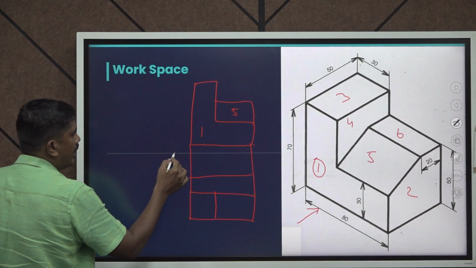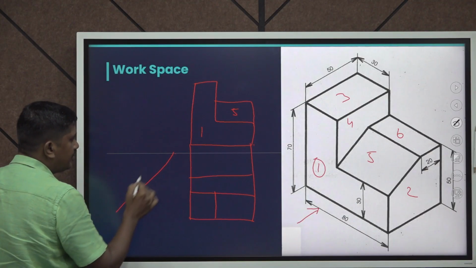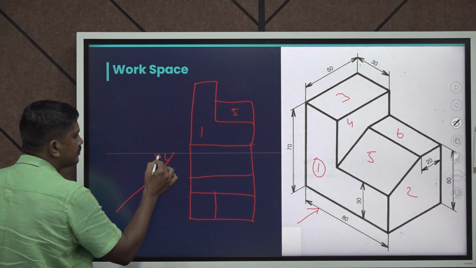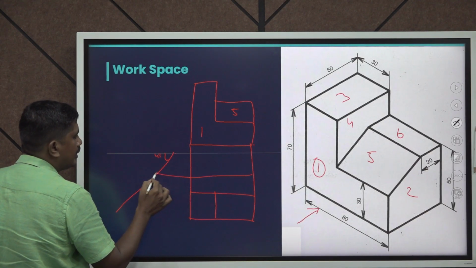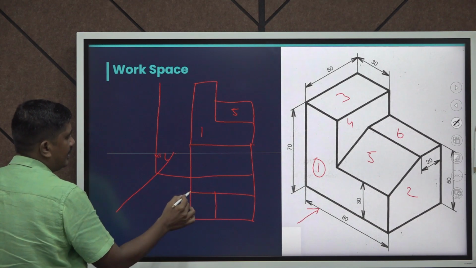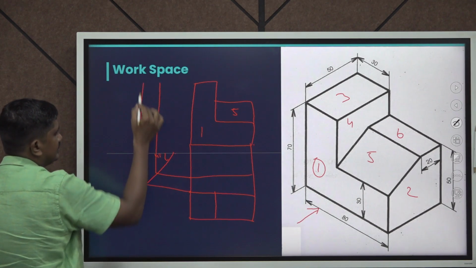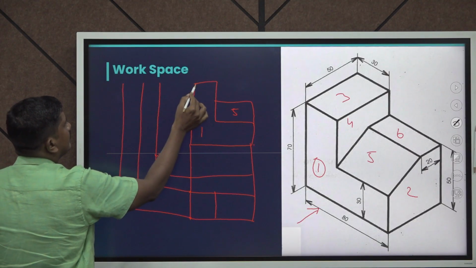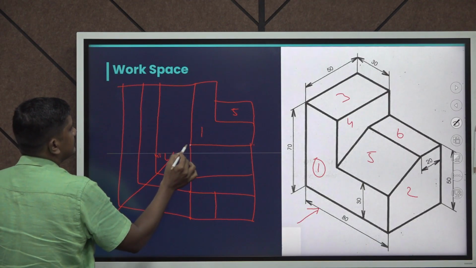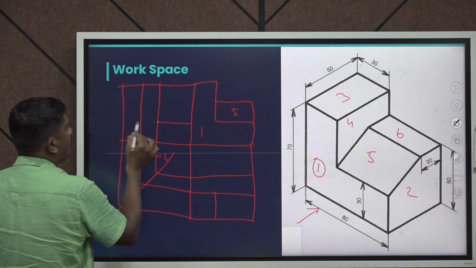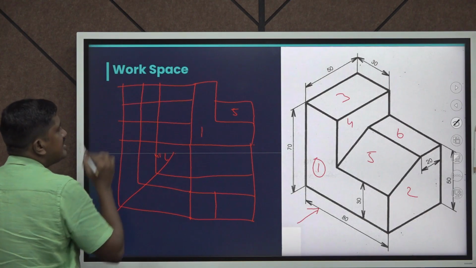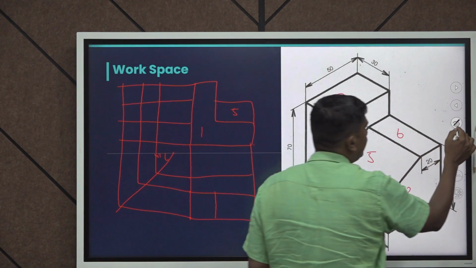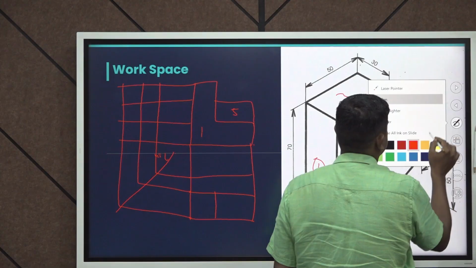I already told you to make a 45 degree angle, convert it as a reference, with horizontal as reference. This is also a reference. Based on the references, we can make the right side object.